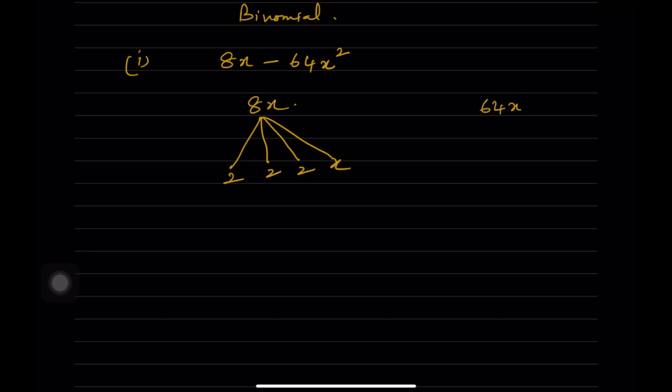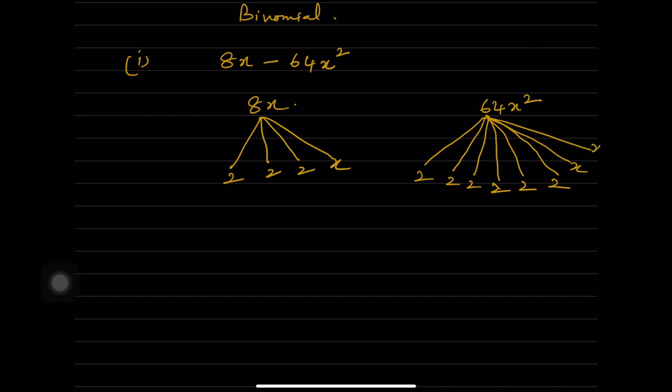We'll see 64x square. You can write this as 2 into 2 into 2 into 2 into 2 into 2. 2 2s are 4, 4 2s are 8, 8 2s are 16, 16 2s are 32, 32 2s are 64, into x into x. So we have to take it all in this way.